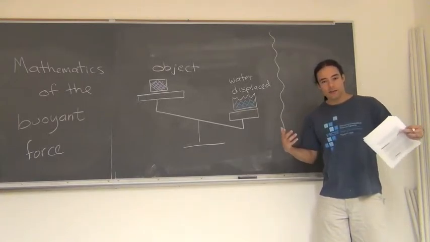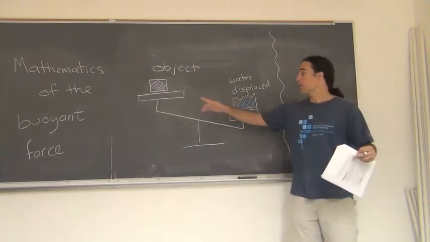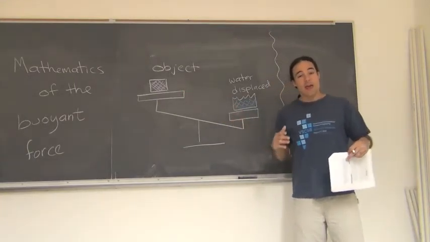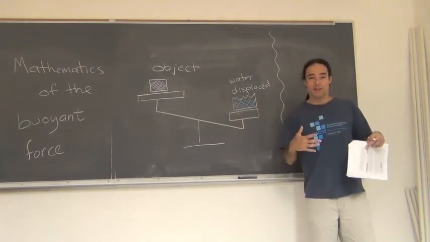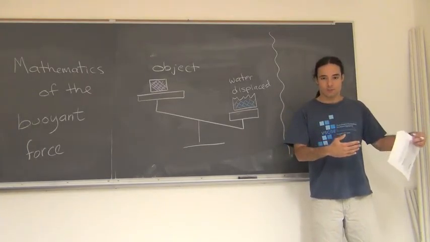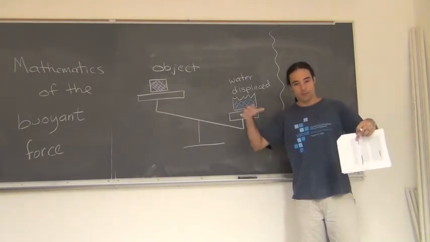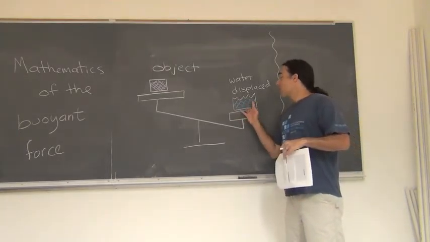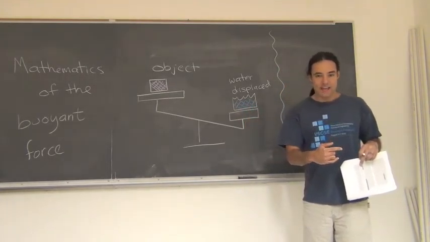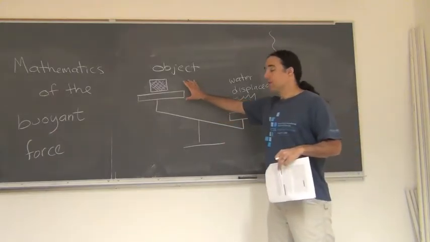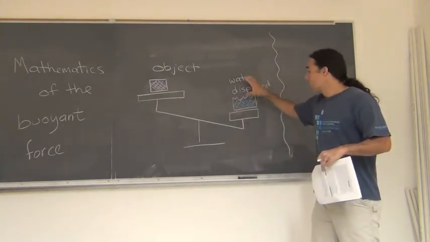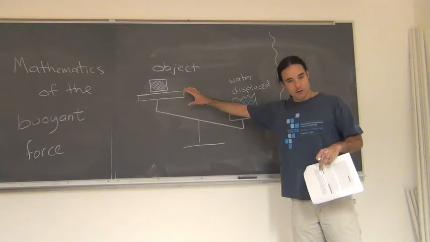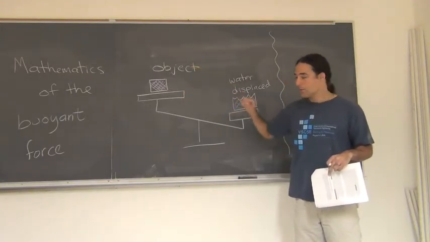Let's say I take the object I'm trying to submerge and I place it on a balance. And on the other end of the balance, I place the amount of water that I'm trying to displace, the amount of water that gets pushed up because I'm submerging my object. Well, if the amount of water I am trying to displace is more massive than the object, then the water is going to sink and the object is going to rise up.